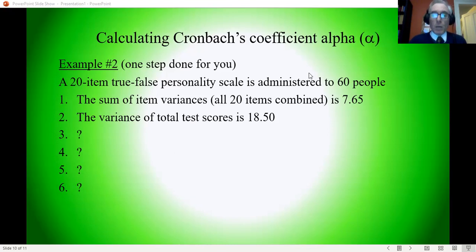And I'll tell you what, let's look at this on a whiteboard together, and we'll see how it goes. So we had, in the first set of parentheses, 20, the number of items on the test. You have to bear with my handwriting here. I'm trying to do this with a mouse.